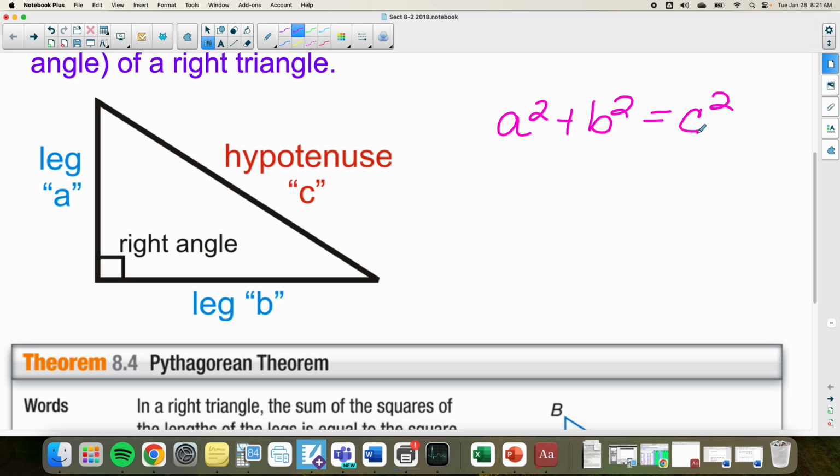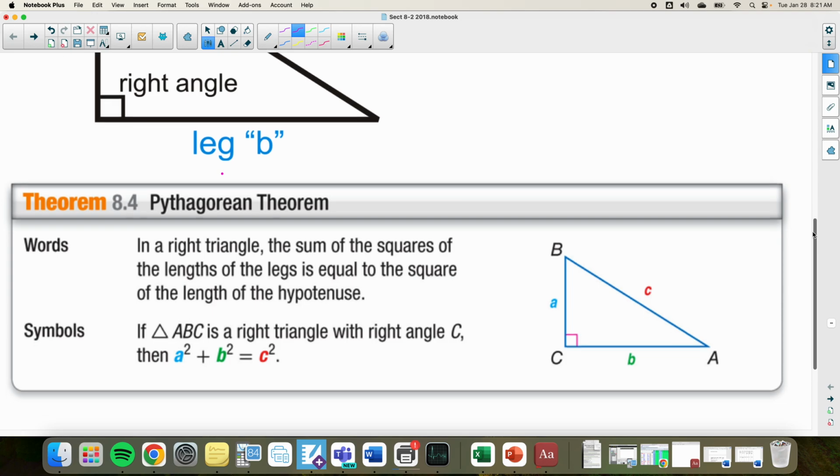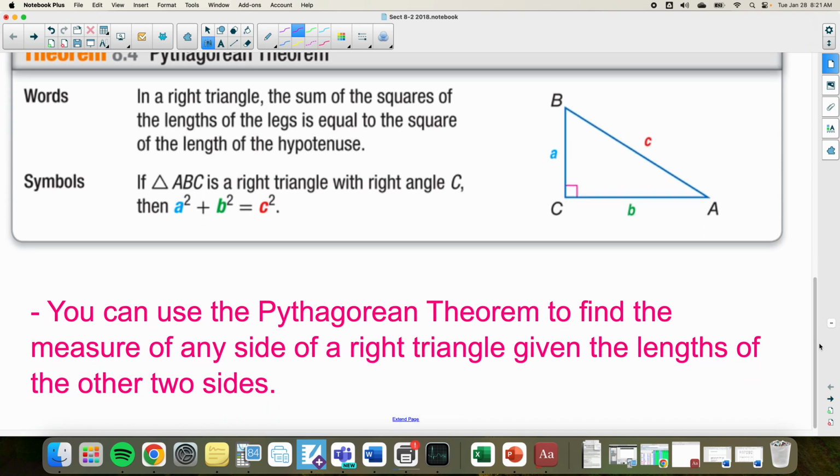And then you have to take the square root of it, right? That only works if you're given your two legs. But oftentimes today, you're gonna be given a hypotenuse and one of the legs, and then you'd substitute the leg in for A or B, and substitute in the hypotenuse for C, okay?